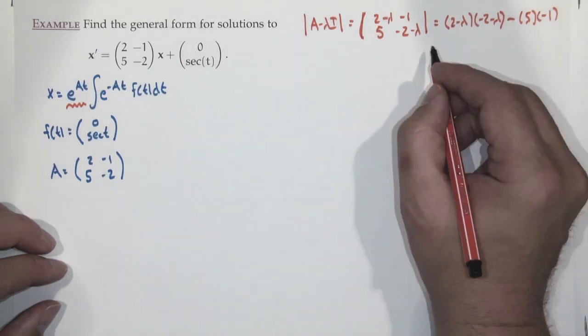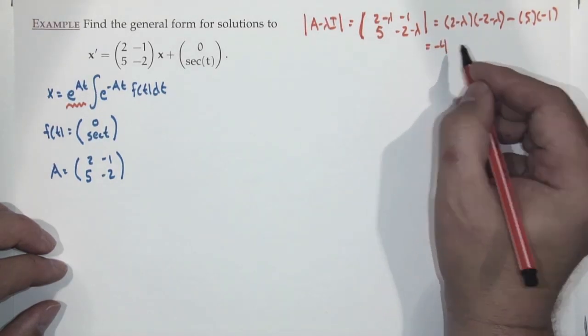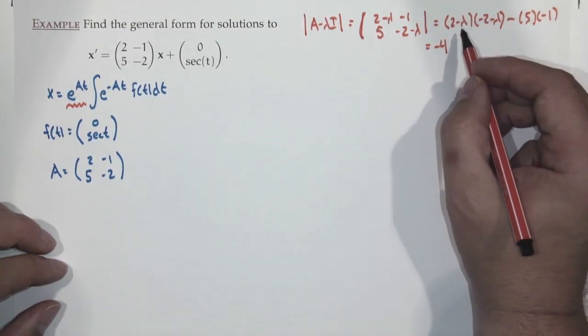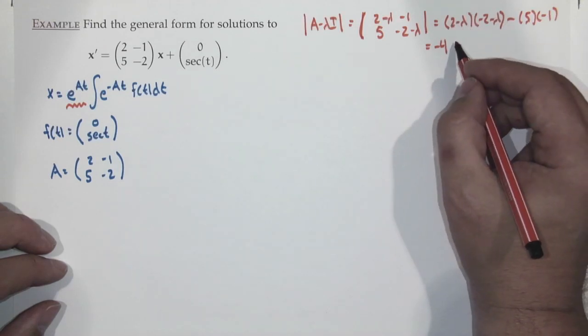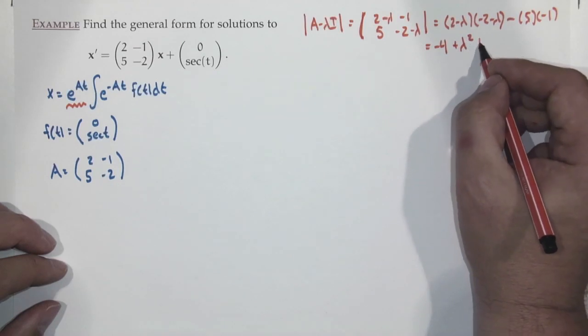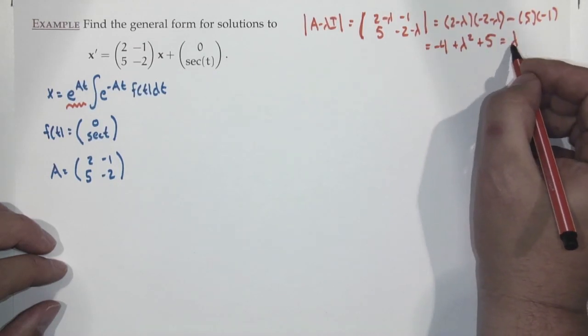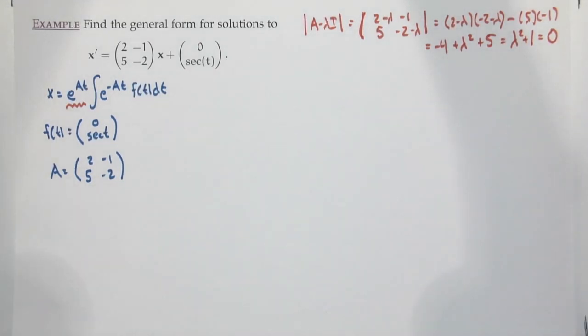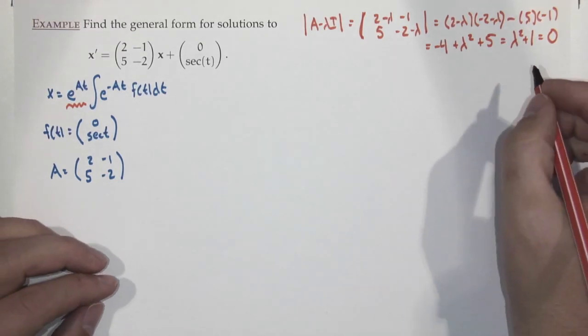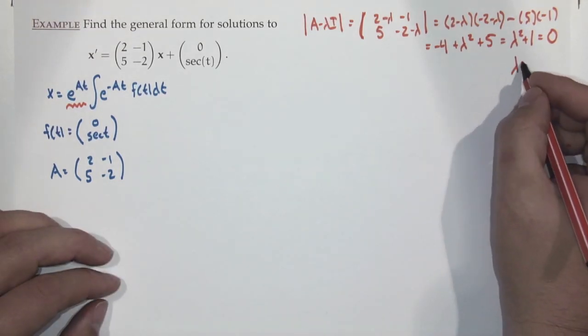We have a minus 2 lambda and a plus 2 lambda, so those actually cancel, leaving minus 4 plus lambda squared plus 5, which is lambda squared plus 1, and that has to equal 0. What does that tell us about our eigenvalues? Yeah, complex. This problem just got a little bit more complex.